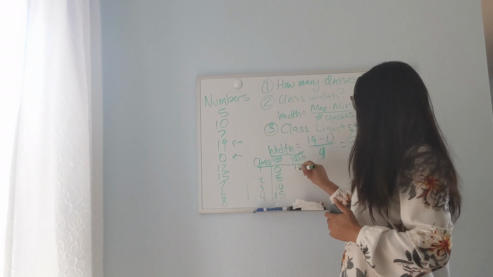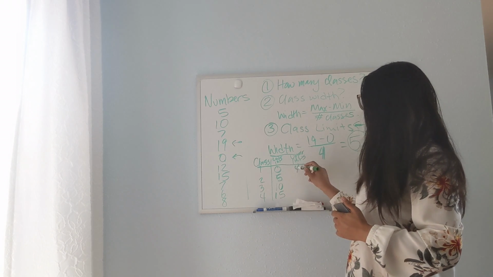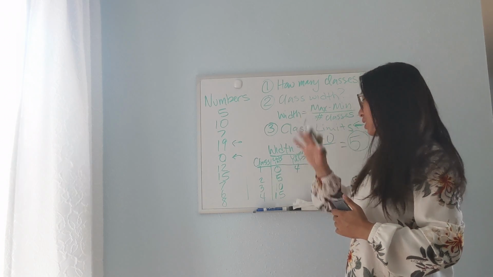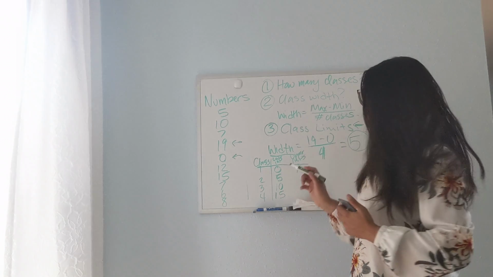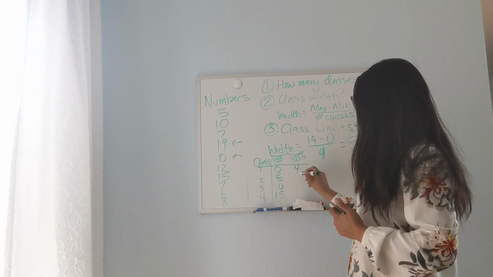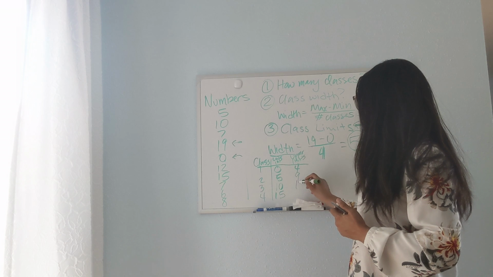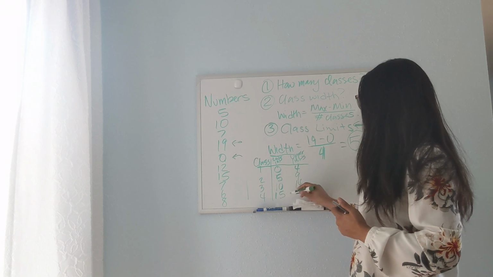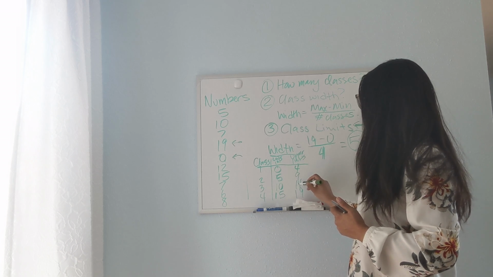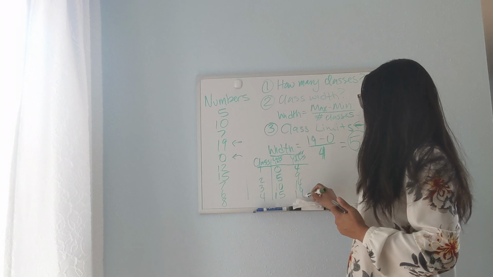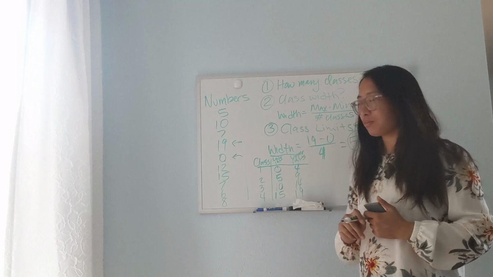So it has to be 4, right? Because it has to be lower than the next level's lower limit. Then 9, because the next level is 10, and then 14 because the next level is 15. And the last goes to the max, which is 19.